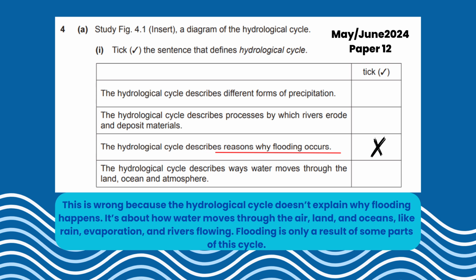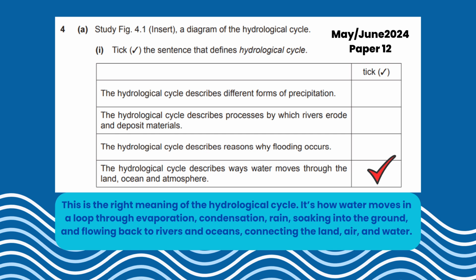Again, the hydrological cycle primarily describes the continuous movement of water in different forms. It's not all about the reasons for flooding. No, it's the movement of water in different forms. And the correct answer is the fourth option, which is the hydrological cycle describes ways water moves through the land, oceans, and atmosphere.